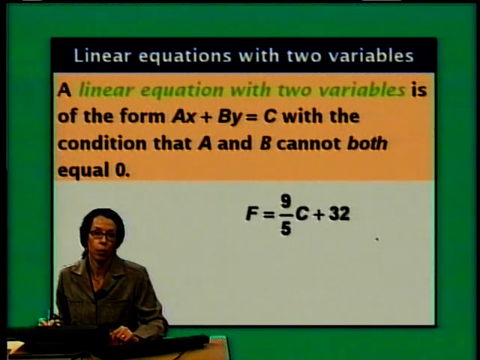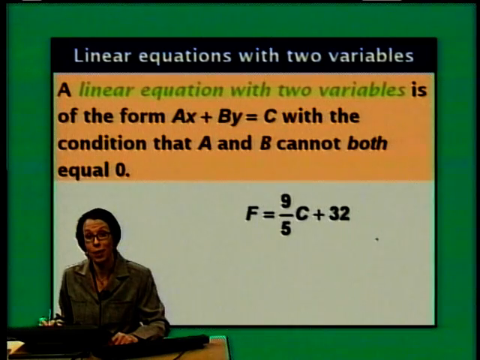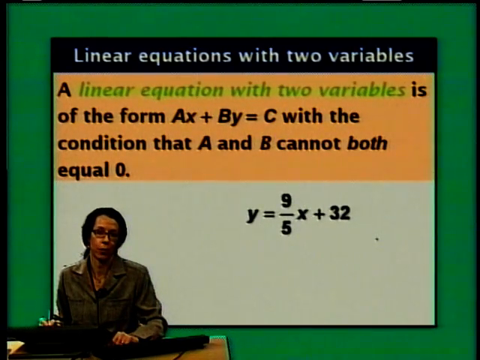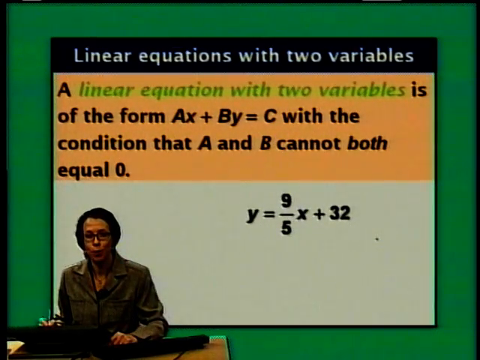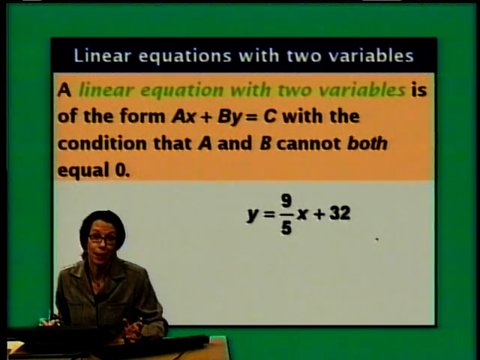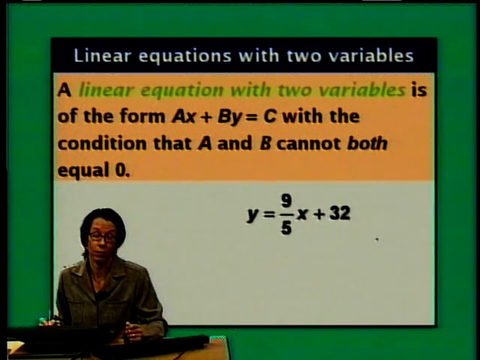Now here's our formula for converting Celsius temperature to Fahrenheit temperature, and it doesn't quite look like what we have there in the formal definition. So I'm going to change the names of the variables. And now when I change the names of the variables, I'm no longer talking about Celsius temperature and Fahrenheit temperature, but I still have an equation with similar characteristics.